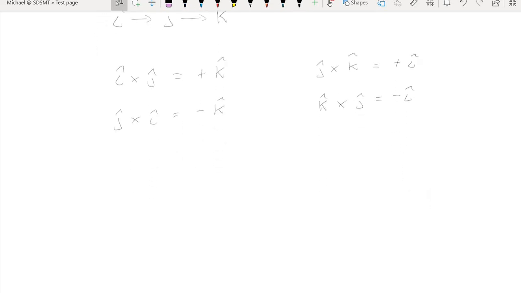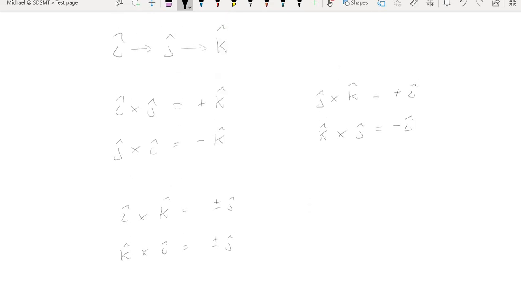Okay, we have 2 more combinations to consider. I hat cross K hat and K hat cross I hat. Now, this one can be a little confusing for some people. We know that the only possibilities are going to be positive or negative J hat. But let's just go for it.